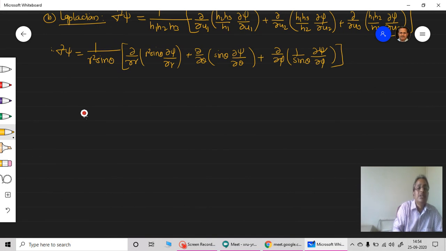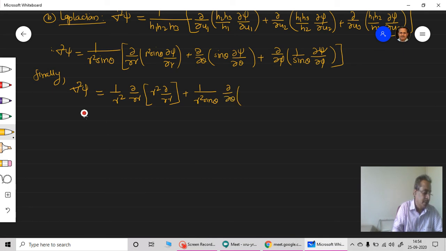We will get the Laplacian, del square psi is equal to 1 upon r square into ∂ upon ∂r, in the bracket r square into ∂psi upon ∂r, don't simplify it further, plus 1 upon r square sin theta into ∂ by ∂theta of sin theta multiplied by ∂psi upon ∂theta.